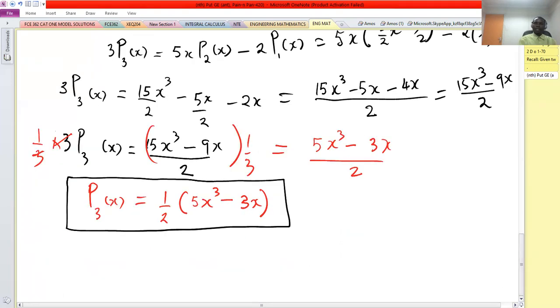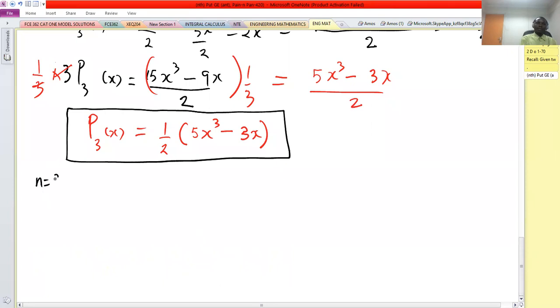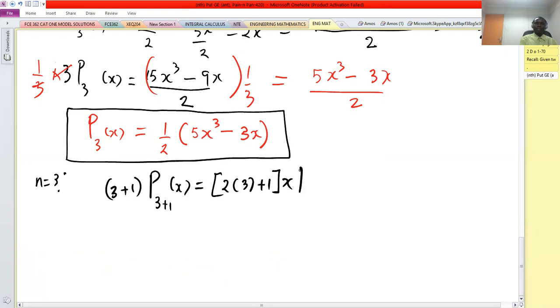And then let's set n equals 3. So we'll have 3 plus 1, P sub 3 plus 1 of x equals 2 into 3 plus 1, x P3 of x minus 3 P sub 3 minus 1 of x.